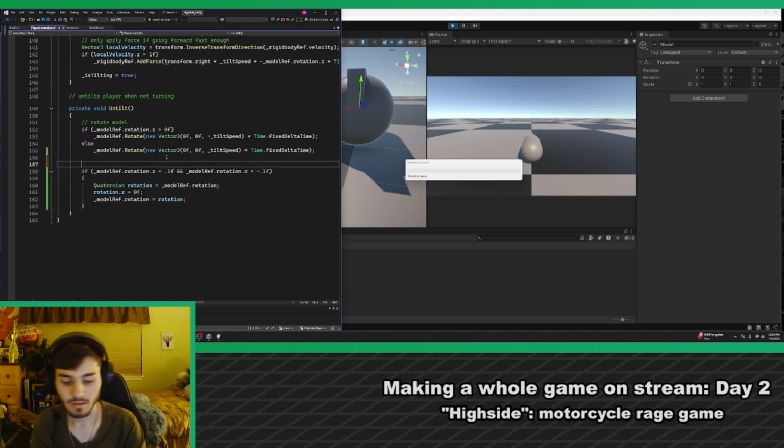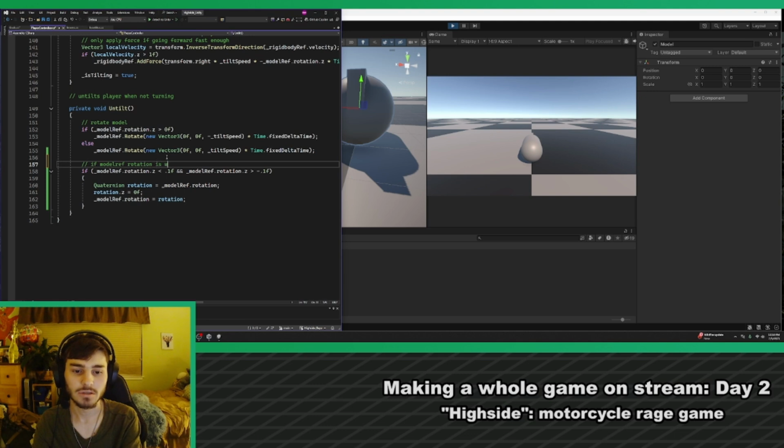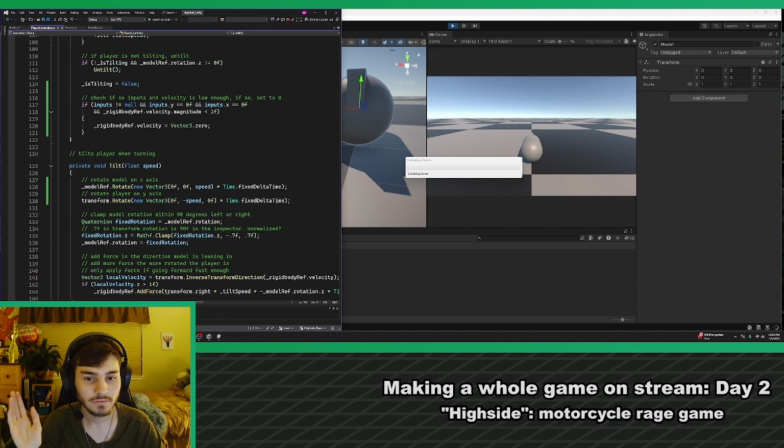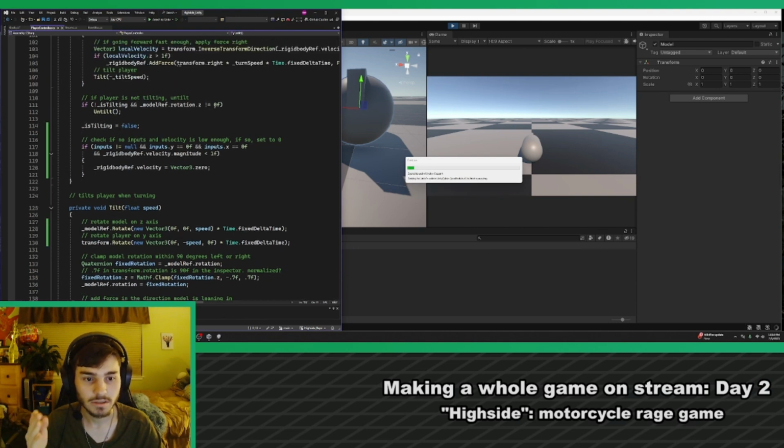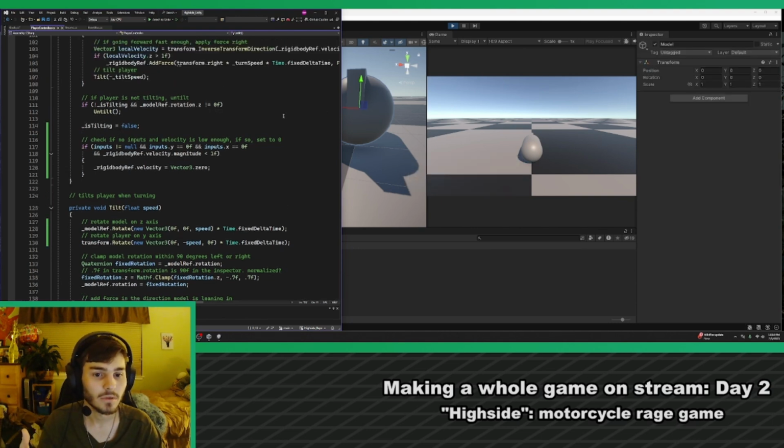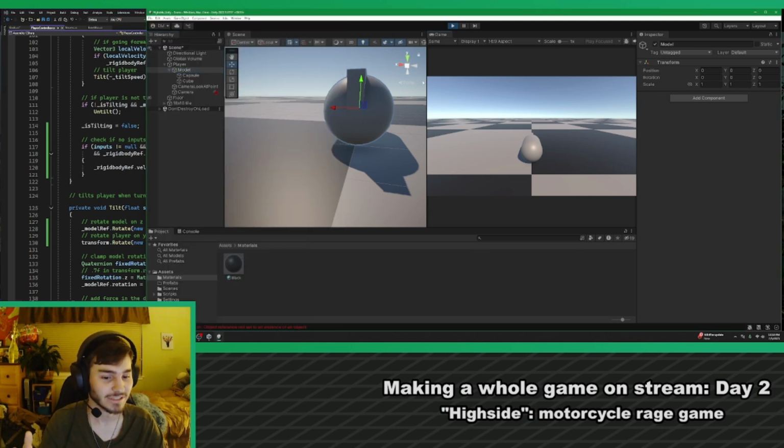Okay. If model ref rotation is small level set to 0. And now until when it is equal to 0. We're not gonna untilt when it is equal to 0.